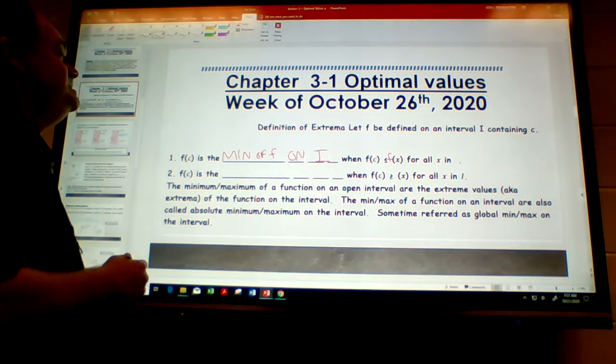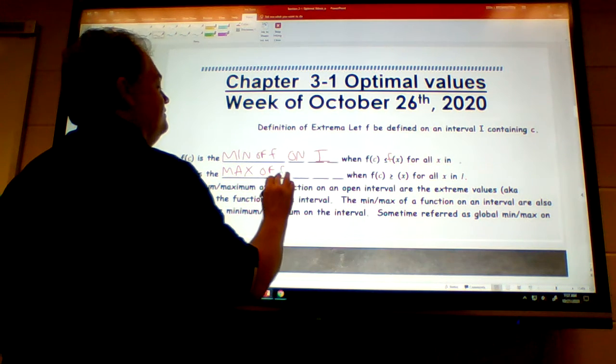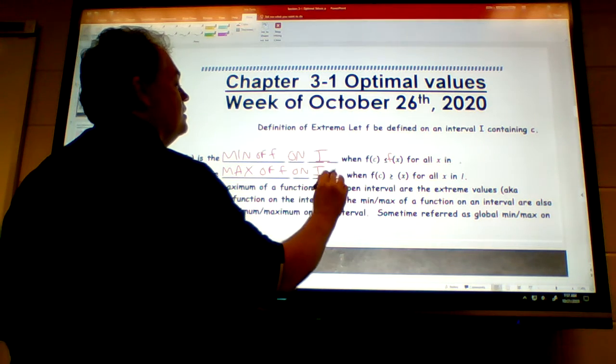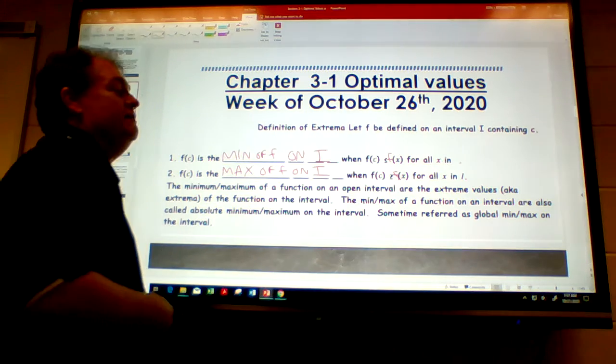Now, f of c is the maximum of f on I when f of c is greater than or equal to f of x for all x on the interval.